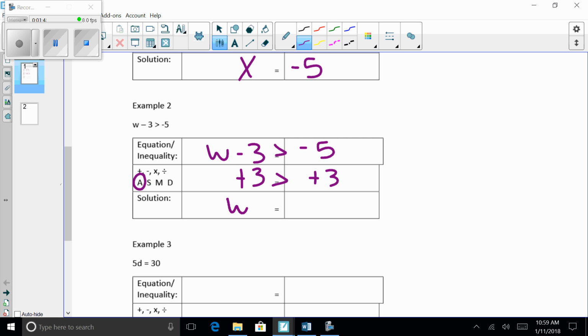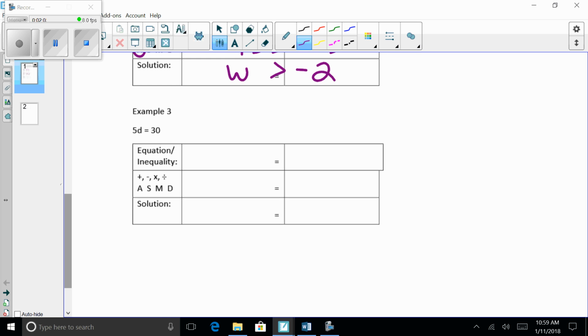That leaves me with a w. Now, because I did not multiply or divide by a negative, my inequality symbol remains the same. And now I come to the right side and do negative 5 plus 3, which leaves me with a negative 2. So w is greater than negative 2 in this case.